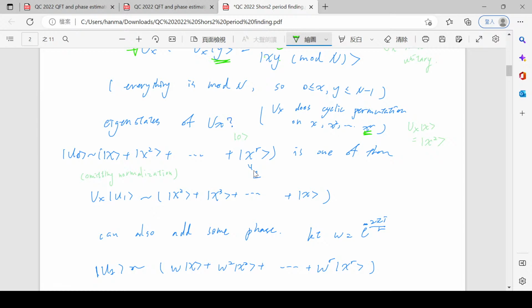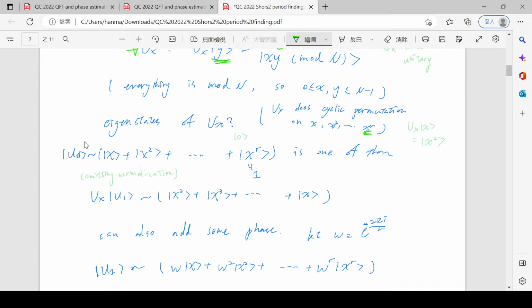So if we think about this quantum state, which we call small u sub 0, that is |x>, then |x squared>, plus |x cubed>, all the way to |x to the r>, which, remember, when we take everything mod N, is really equal to 1. This should be an eigenvector of U, because U just cycles through them.